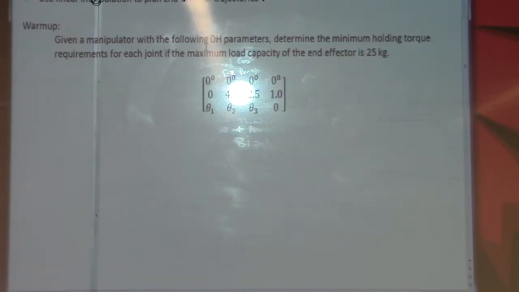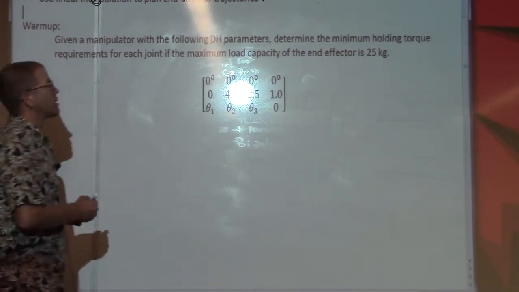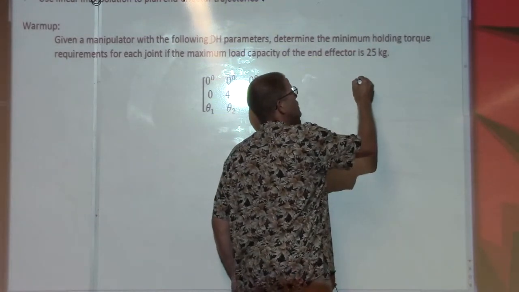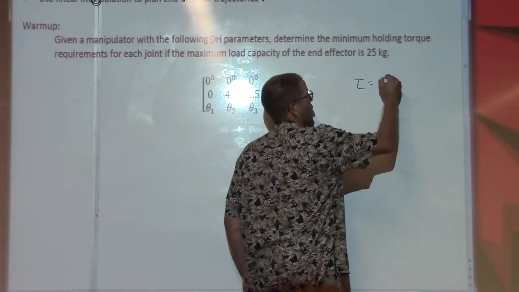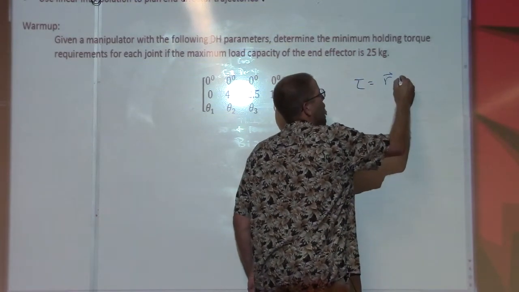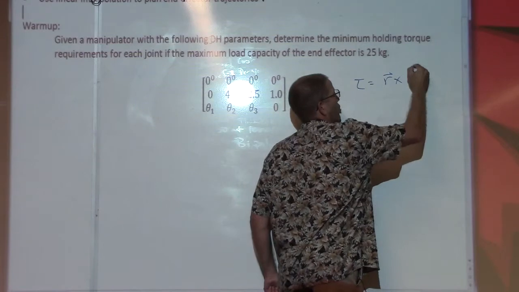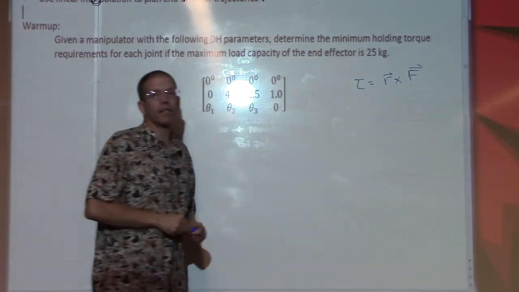Let me scroll down here just a little bit. We know that the torque is defined as the cross product. So the torque is the cross product of the position vector and the force that we're assigning to it or attaching to it.